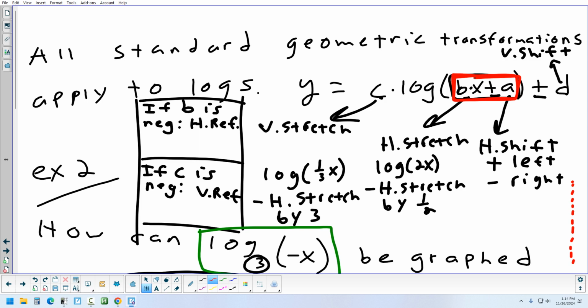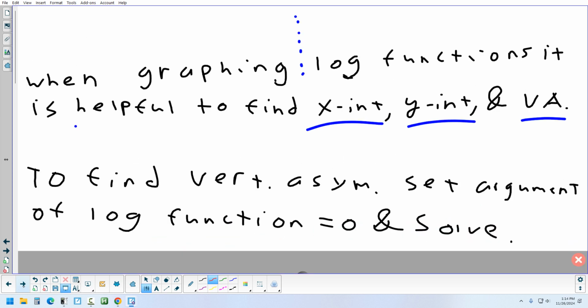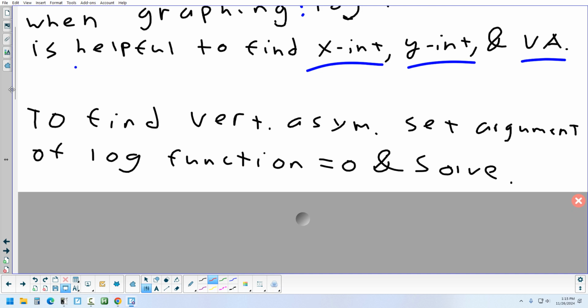That is the only thing that can affect the vertical asymptote. So to find the vertical asymptote, set the argument, that's the bx plus a, or it could be bx minus a, equal to 0, and solve it. Don't worry about C, don't worry about D. That has no effect on the vertical asymptote.